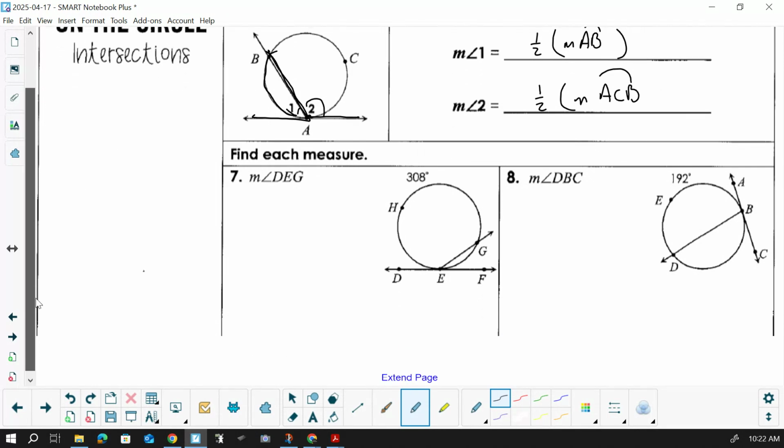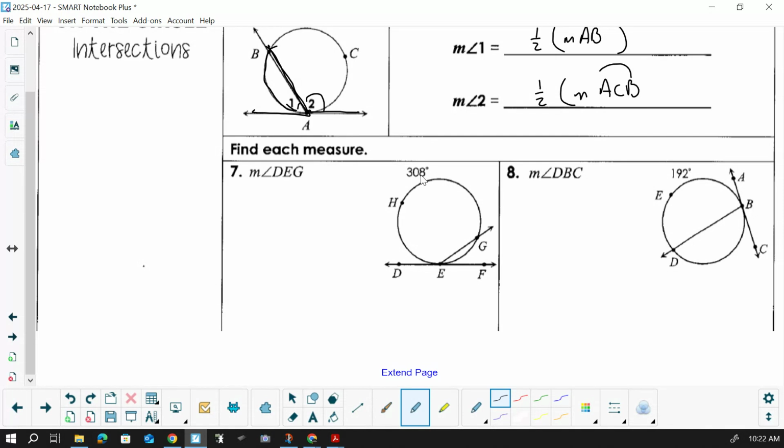All right, so let's see what we got here. So this arc all around is 308. Half of 308. Let's see what that is. I'm on the wrong set of notes here. Half of 308 is 154. So this angle right here, 154. That's DEG, 154.